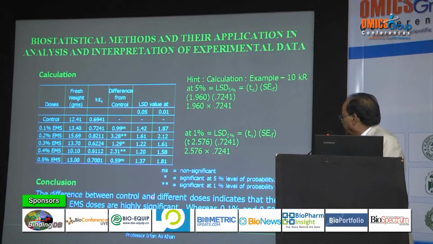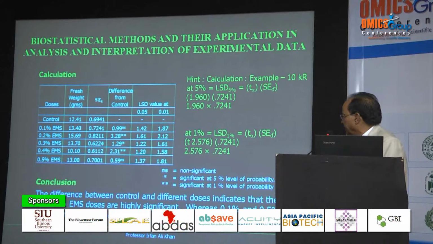The difference between control and different doses indicates that the 0.2% and 0.4% EMS doses are highly significant, whereas the 0.1% and 0.5% doses are not significant.